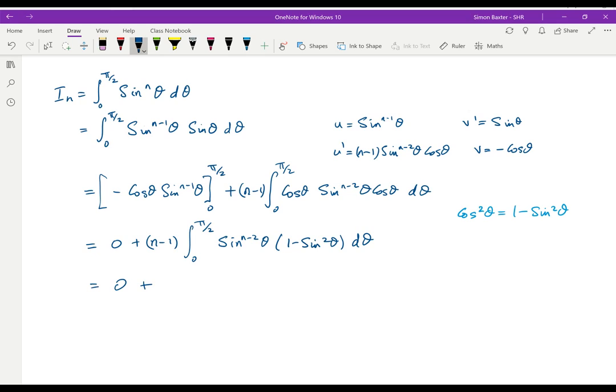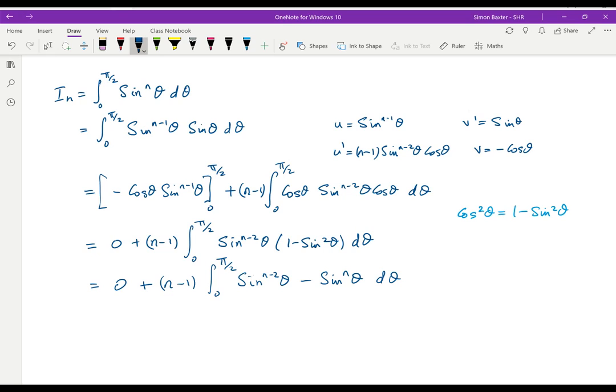Zero plus n minus 1 integral 0 to pi by 2 sine to the n minus 2 times 1 minus sine to the n minus 2 times sine squared. That's sine to the n d theta.